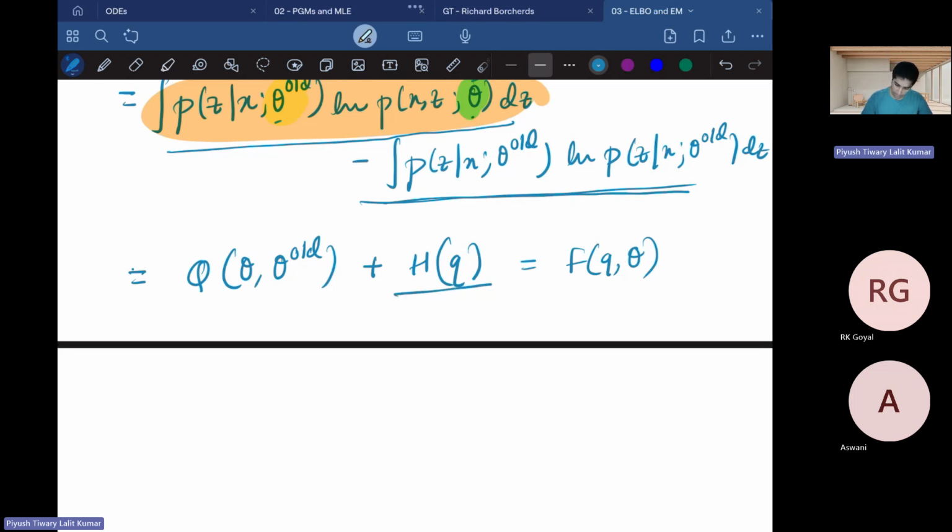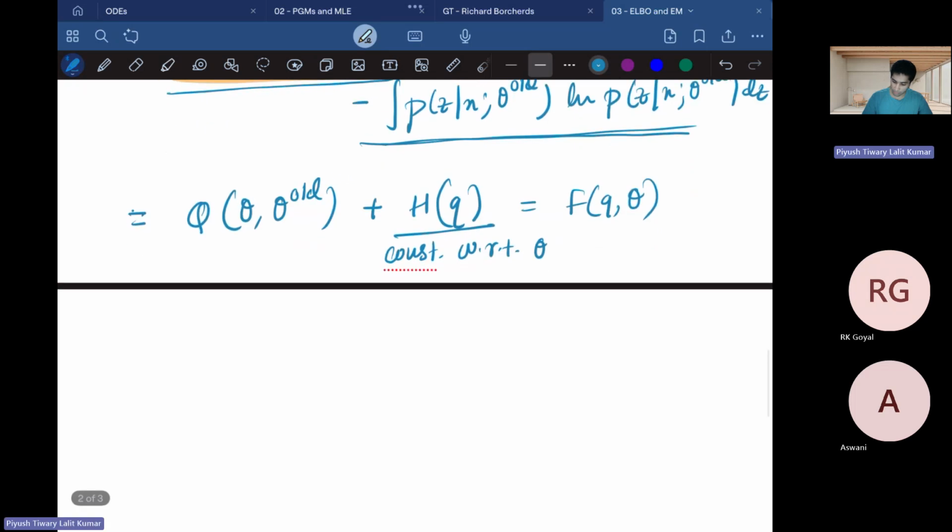This term is constant with respect to theta.